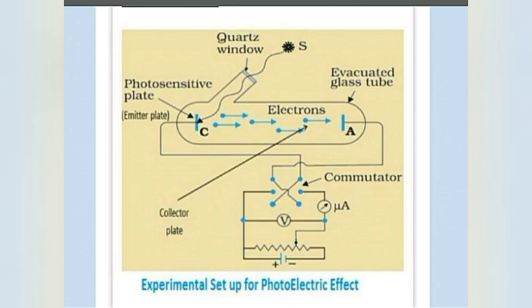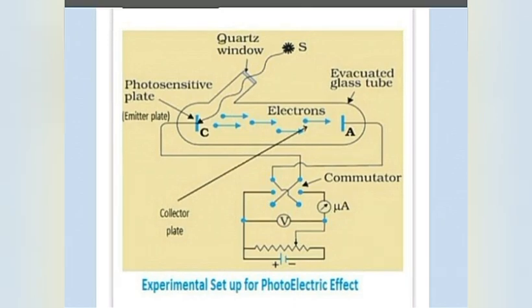Next, this cathode and anode are connected to a battery. The polarity of these two plates can be reversed by using the commutator key K. Generally, the anode can be maintained at positive or negative potential with respect to the cathode.